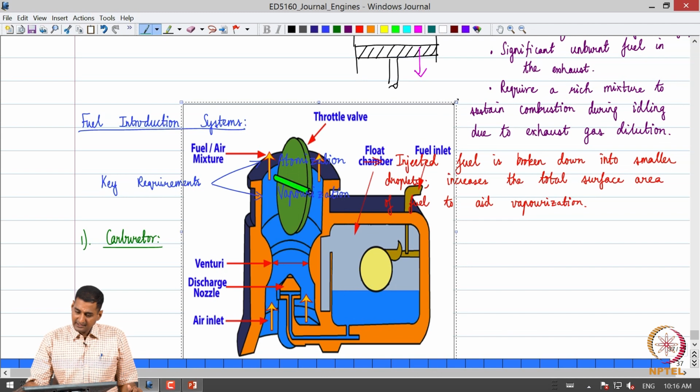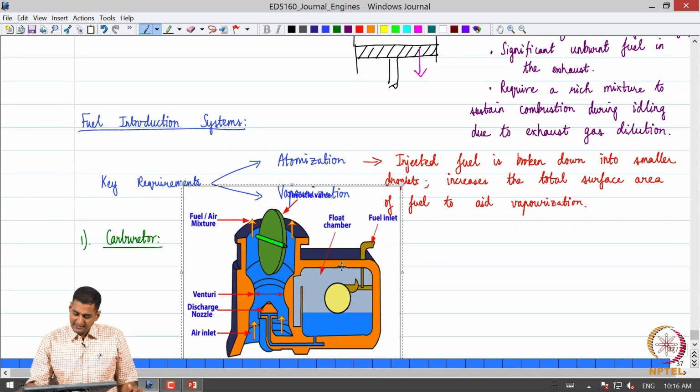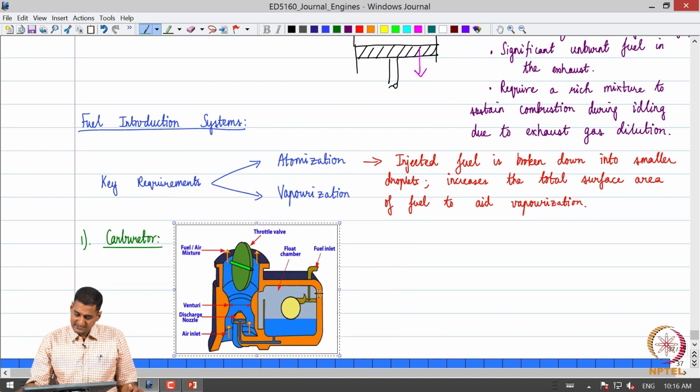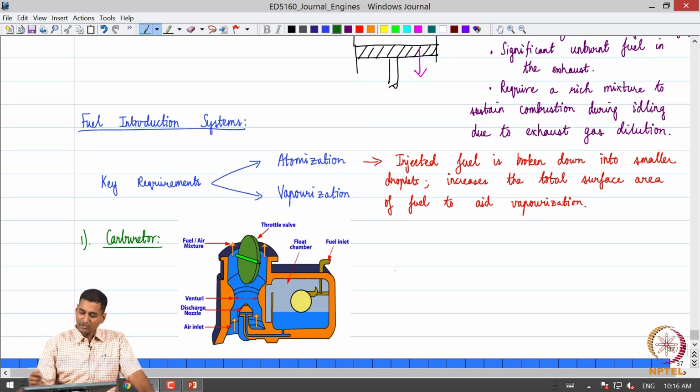So a traditional carburetor, like nowadays used in maybe some two-wheelers and so on, is the following. So what happens is this. We have what is called a float chamber.